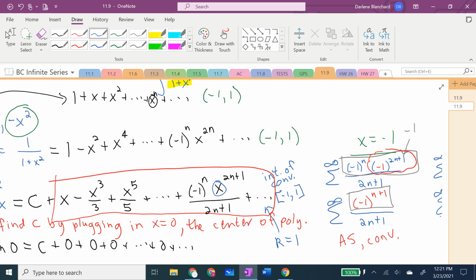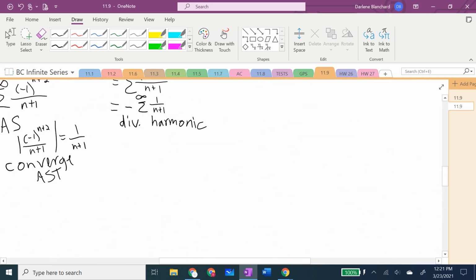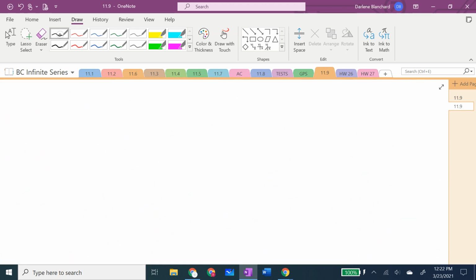Now, here is a bottom line of what you need to be aware of. If you are expected to create a series where you have 1 over parentheses squared, and in that parentheses, maybe you have a 3 plus x, maybe you have a 5 minus x, maybe you have a 2x plus 1.